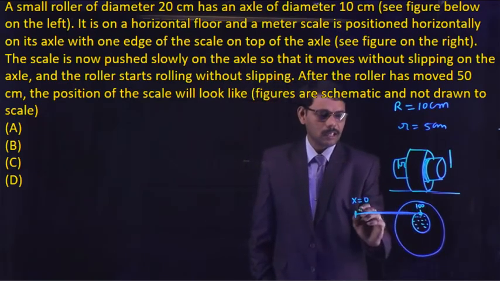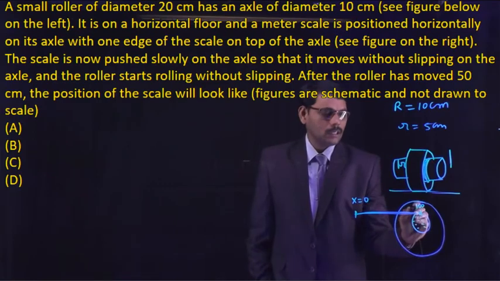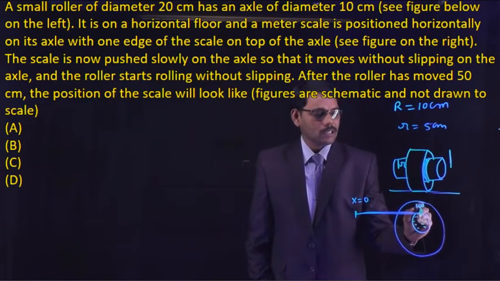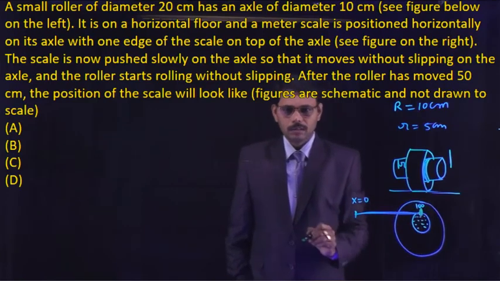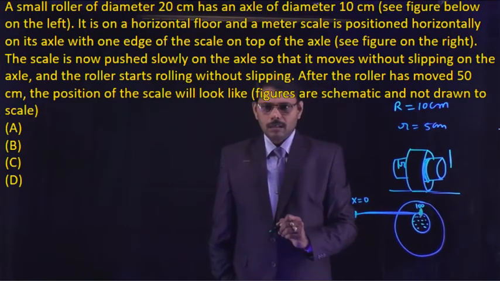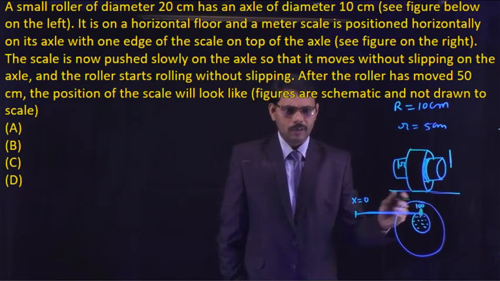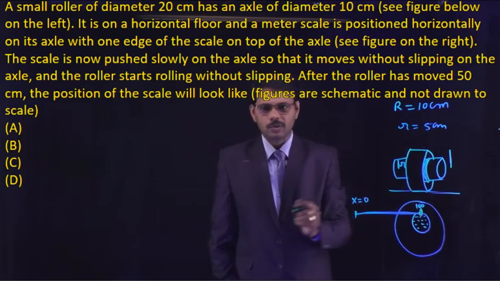So like this, as shown in the second diagram, let us assume one end of the scale is kept over this. So here is the axle with one edge of the scale on top of the axle. See the figure on the right, as shown in the diagram.